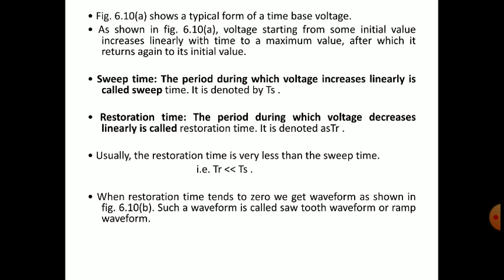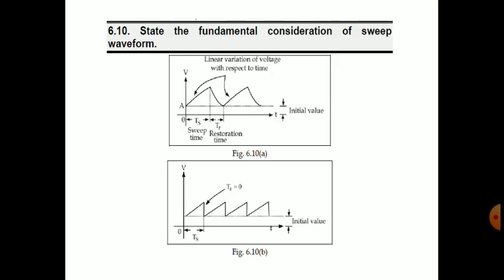Usually, the restoration time is very much less than the sweep time, as we can see from both figures. In the first one, 6.10a, the restoration time is less than the sweep time. In figure 6.10b, the restoration time becomes 0, and there will be only TS time.